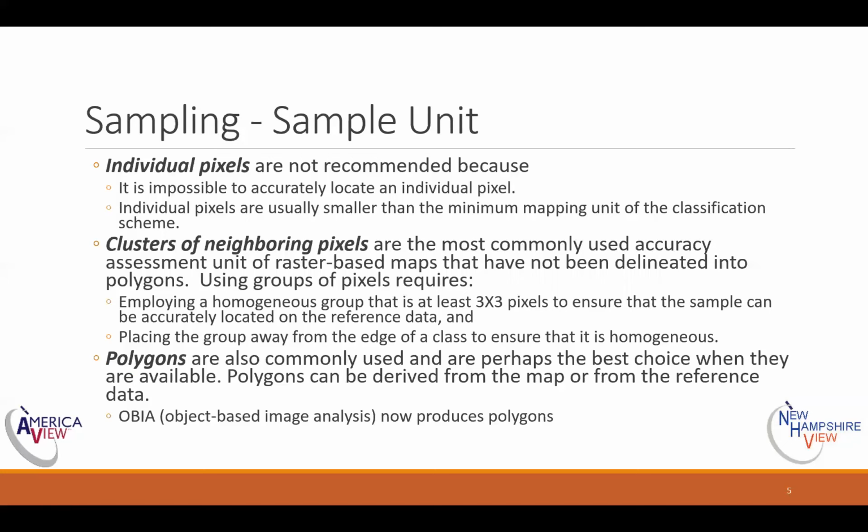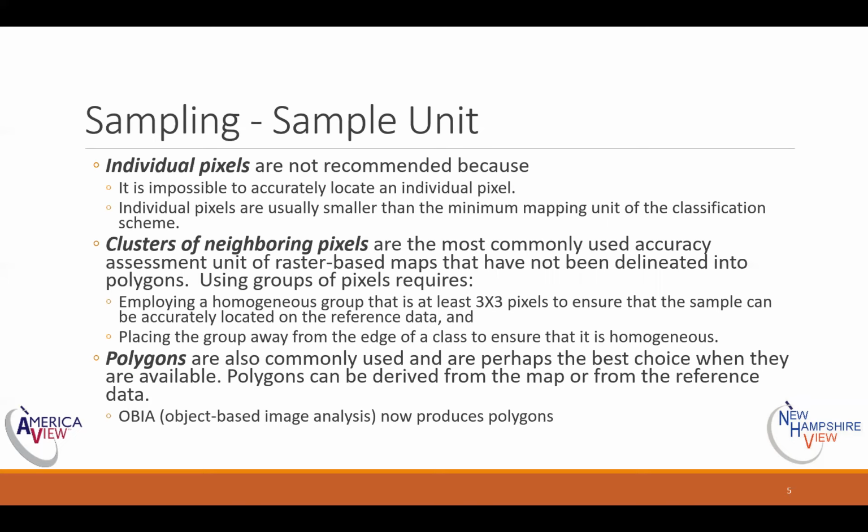Individual pixels are usually smaller than the minimum mapping unit. We've talked about minimum mapping unit previously, and you don't want to assess something smaller than your minimum mapping unit. So for those reasons, individual pixels should absolutely not be used. If you look in the literature, you'll see it's done all the time, and that's really unfortunate.